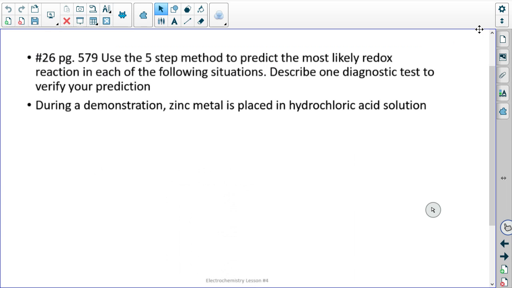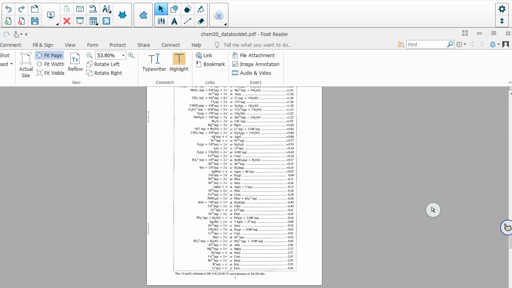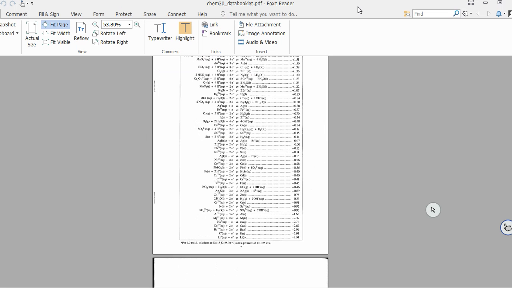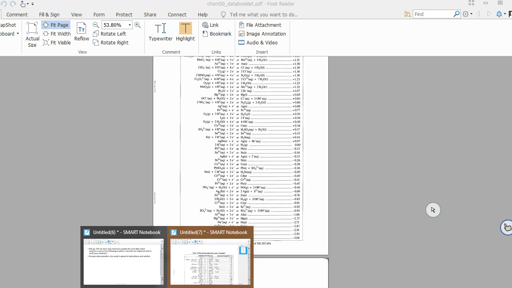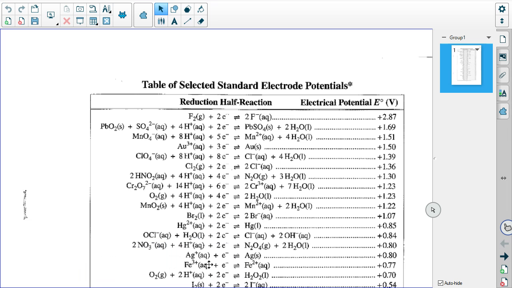Okay, well, that's not going to come up. All right, so here's my redox reaction table. Okay, here we go.